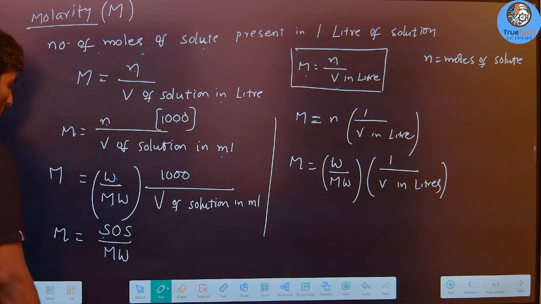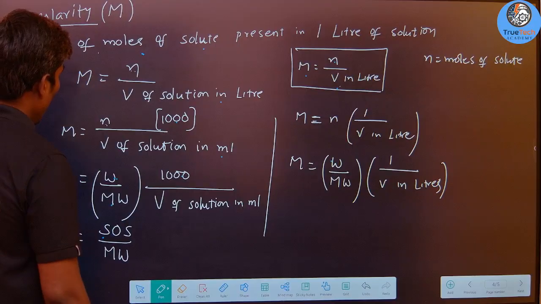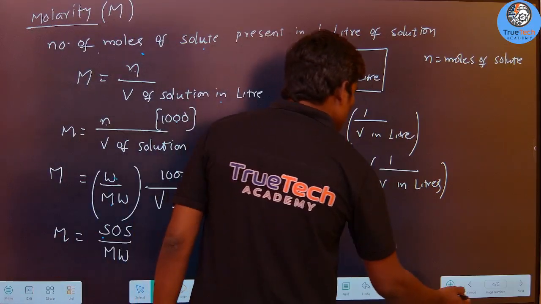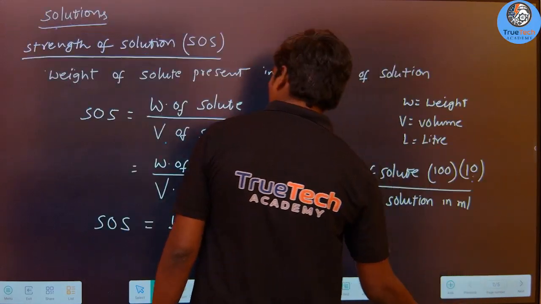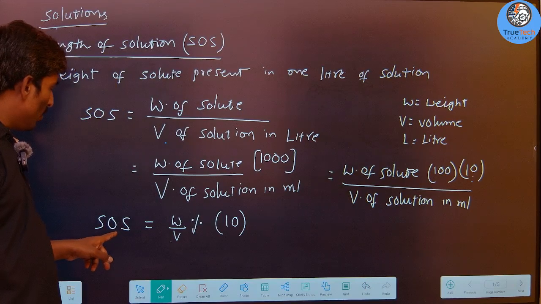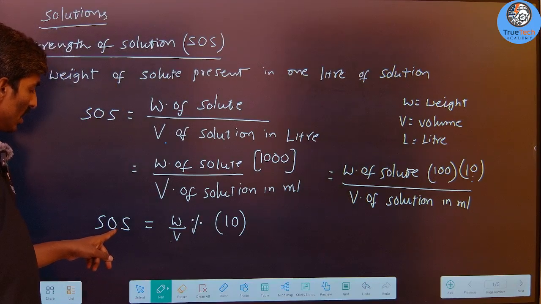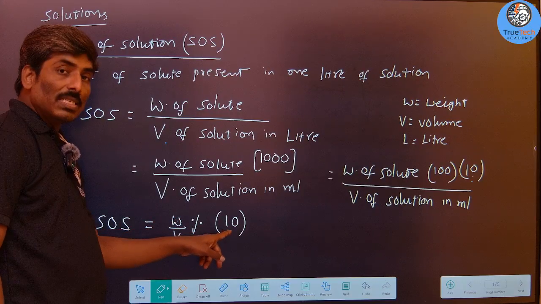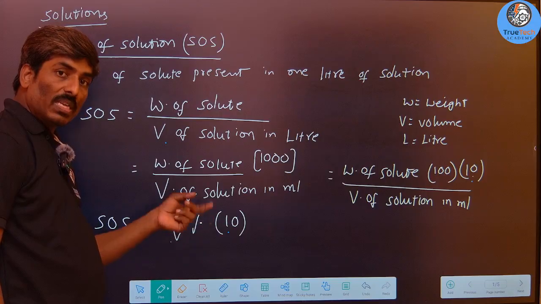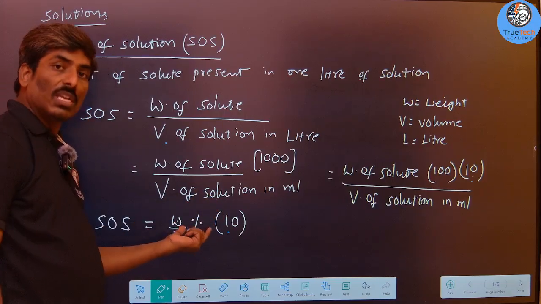Similarly, the same thing can be adjusted by using the previous slide. Here one more term we use: strength of solution equals weight by volume percentage into 10. So in place of strength of solution, we can use this term also.